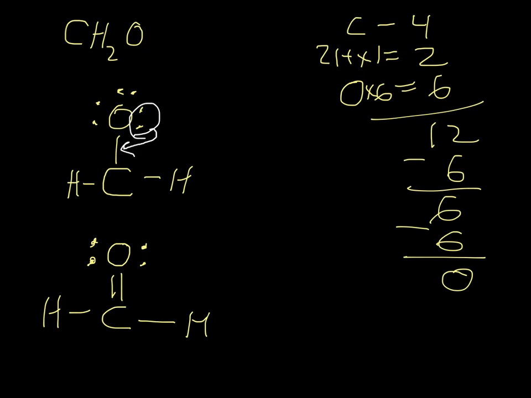When I do that, how does that change my electron count? Well, I now have 2, 4, 6, 8 electrons around carbon. How about my oxygen? My oxygen still has 2, 4, 6, 8. So everybody's happy. It's a win-win scenario.